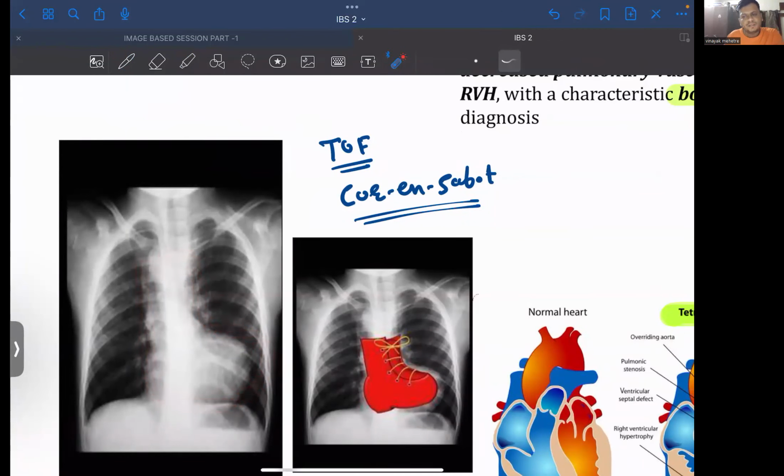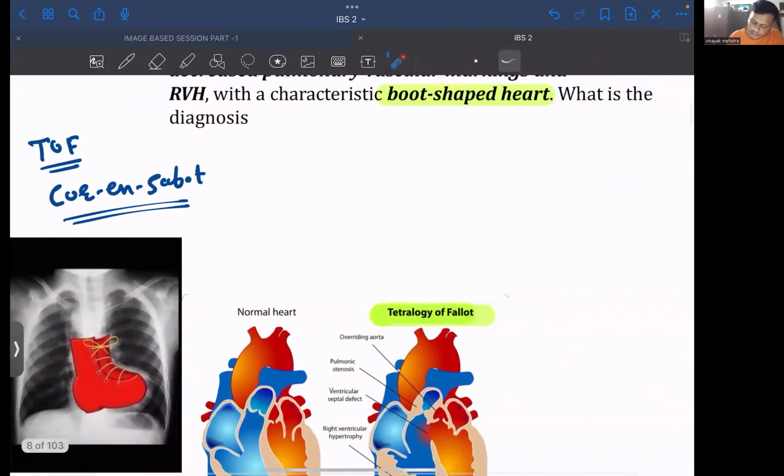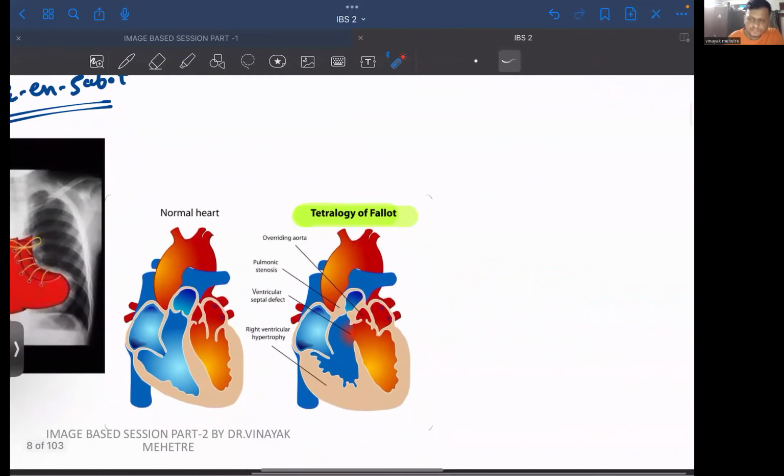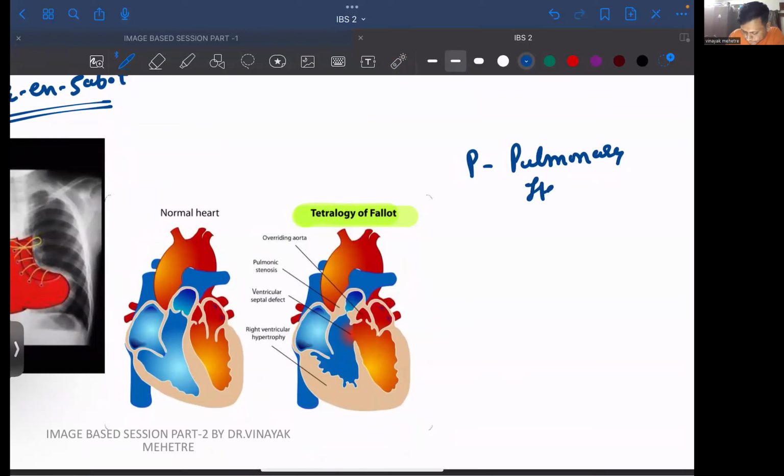Now tell me what are the components that you see in boot shaped heart or tetralogy of Fallot? What comes from P? Pulmonary stenosis.